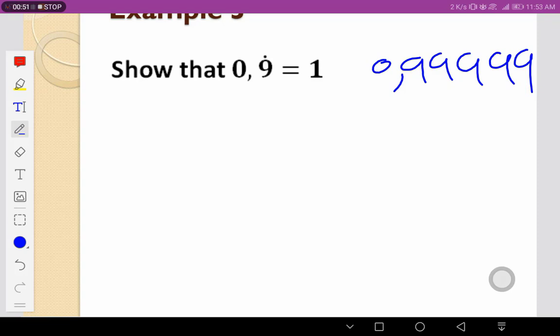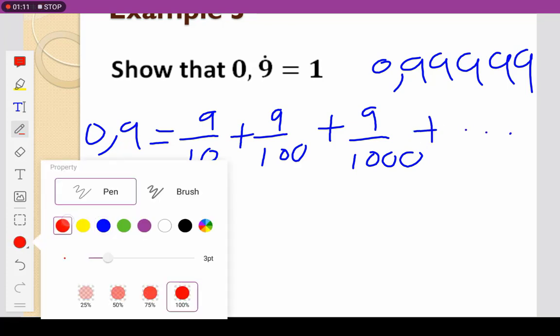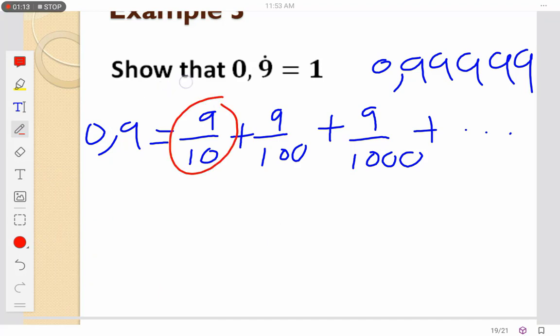So we can have it as 0.9 recurring is equal to 9 over 10 plus 9 over 100 plus 9 over 1000, and so on, plus dot dot dot. The first term T1 is our A. This is our T2, this is our T3.